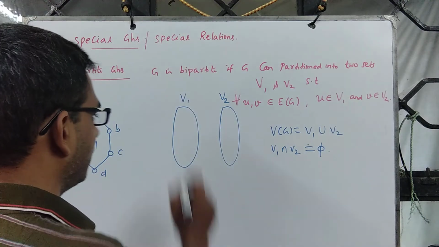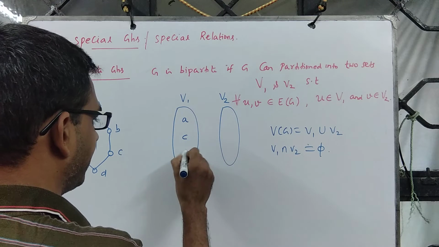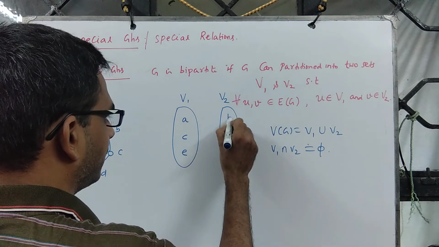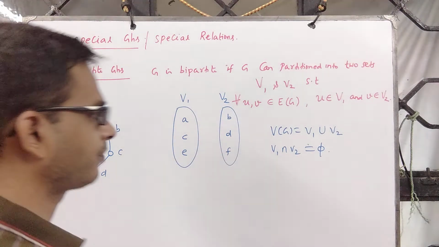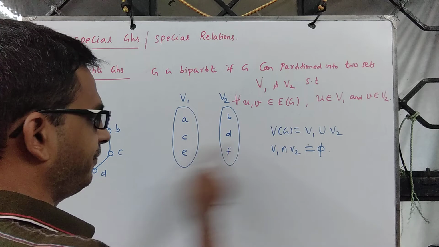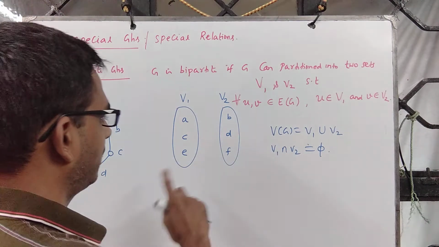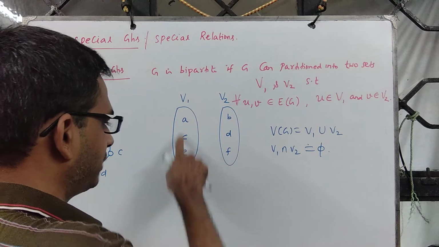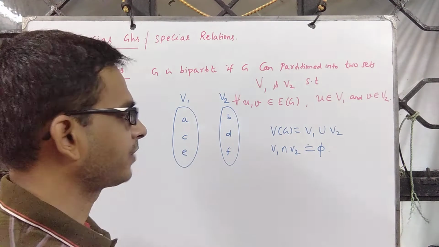Okay. Now let me place A and then C and E, then B and then D followed by F. Now if you take the union, you get V of G, and intersection is empty, and A appears only here but not here. Similarly, F appears here but not here.